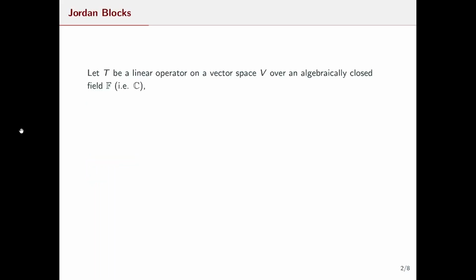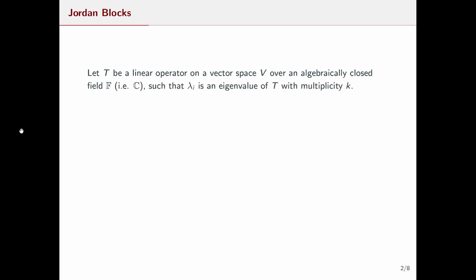One of the working parts of Jordan canonical form are Jordan blocks. If we let T be a linear operator on a vector space V over an algebraically closed field F, for example, the complex numbers, this is important because we really need our characteristic polynomial to split for this to be valid.